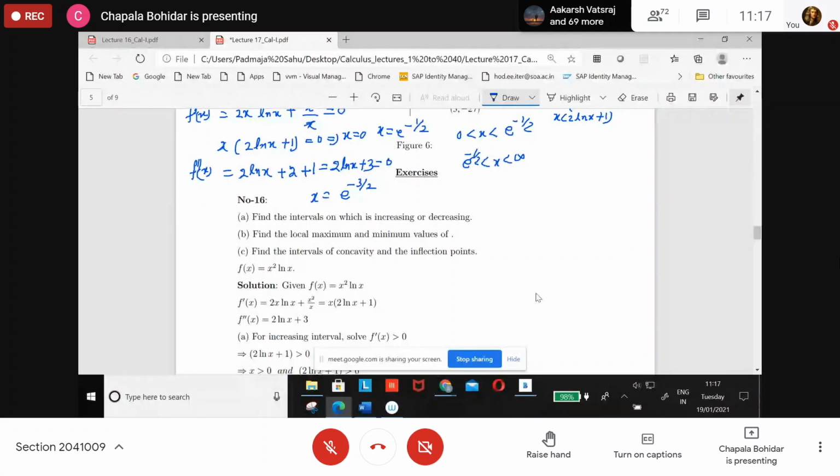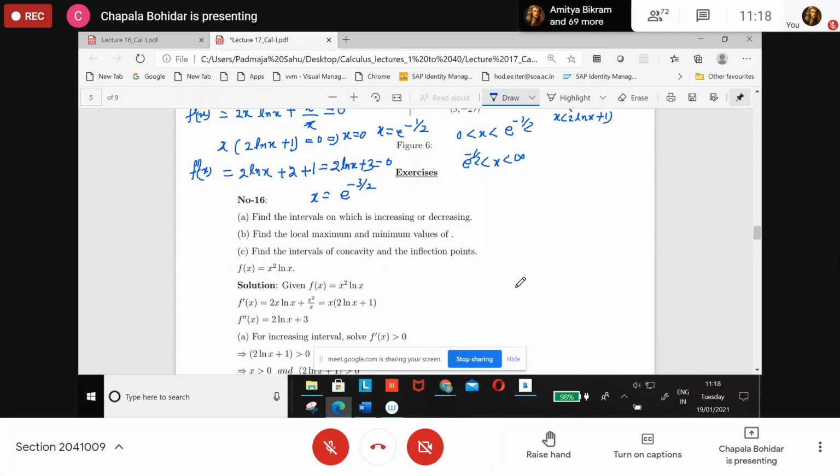Tell me the value in points. You have a calculator. What is the value of 1 by root e? It is 0.606.